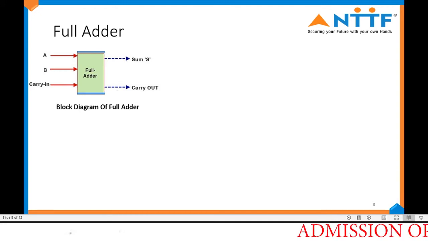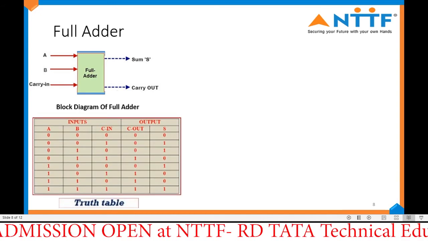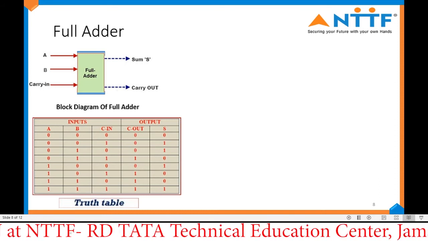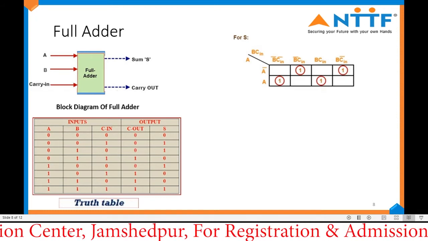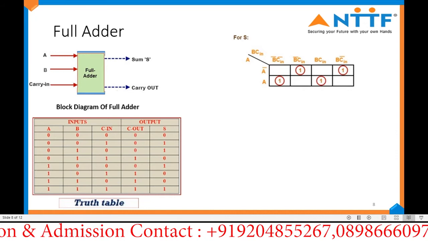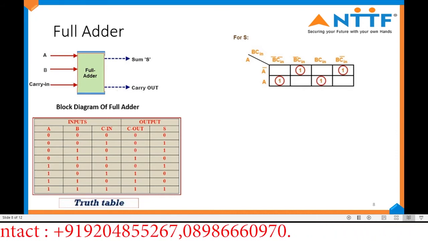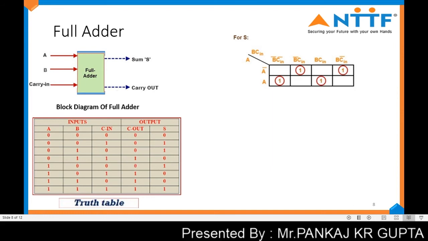If we see the truth table of the full adder, if all the 3 inputs are low, that is A is 0, B is 0, C in is also 0, then sum and carry out will be low. We will observe the same conditions accordingly in the truth table.